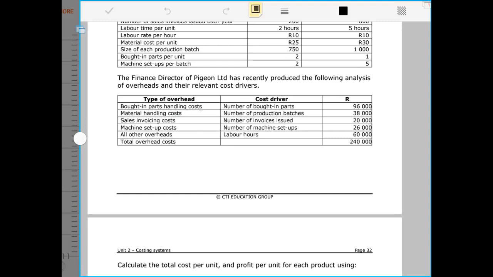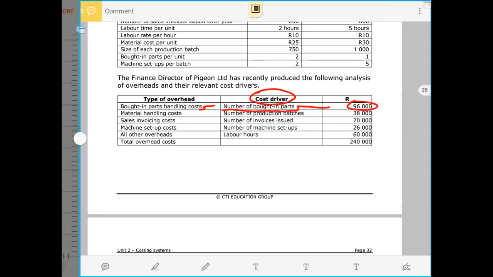That means when parts are bought and delivered to the business or storage, these are the costs incurred to make sure the parts bought from the supplier are handled well. The driver is the number of bought-in parts, and the overhead amount is 96,000 Rand.